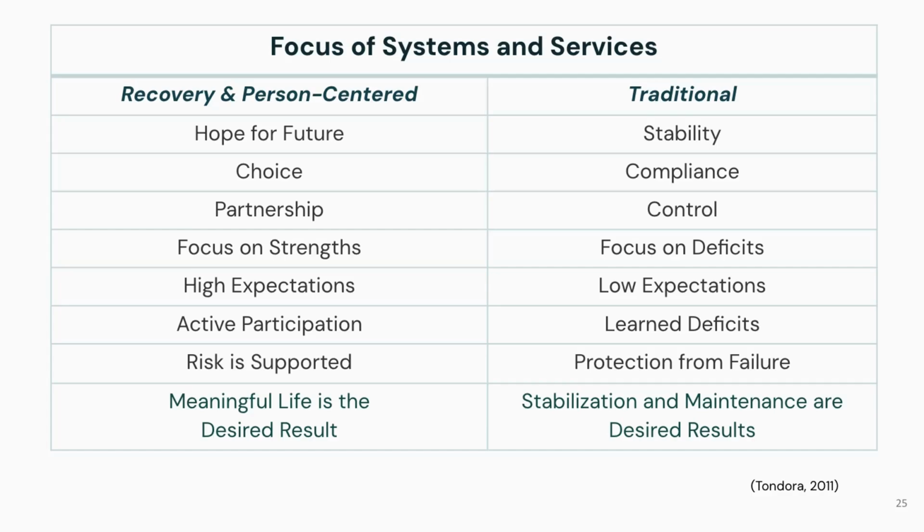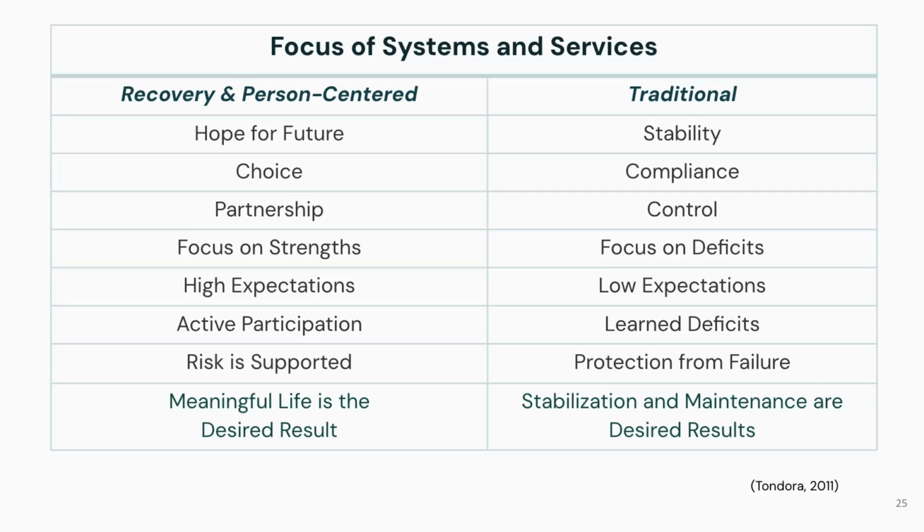On the left-hand side, we have the recovery and person-centered system that we're moving toward. You'll see that the meaningful life of a person is the desired result. On the right-hand side, you can see that our traditional system really was aiming to provide stabilization and maintenance. These are pretty different outcomes.